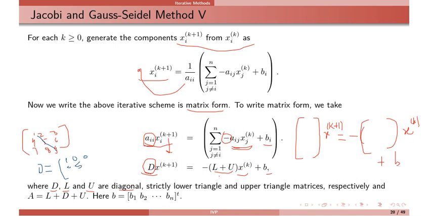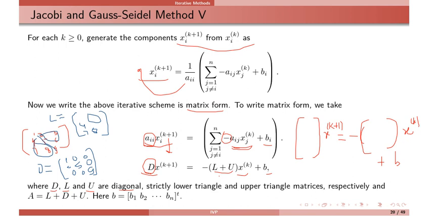What is L? These are all 3 by 3 matrices. L consists of the lower entries 4, 7, 8, and all other entries are 0. And what is U? That will have the upper part 2, 3, 6, and other entries are 0.